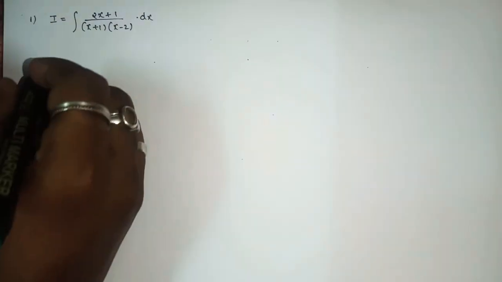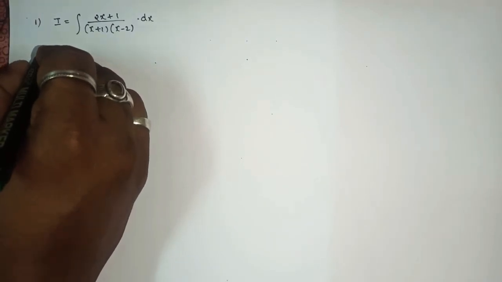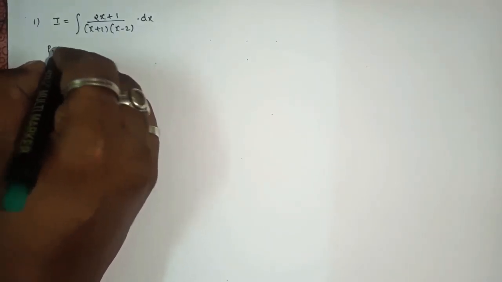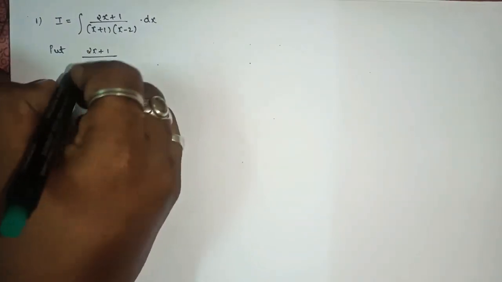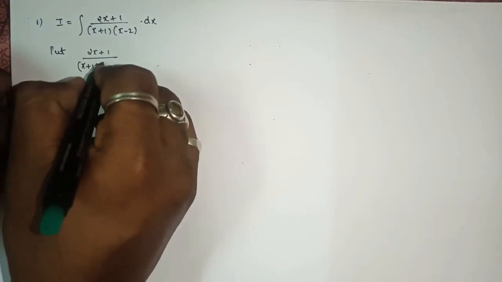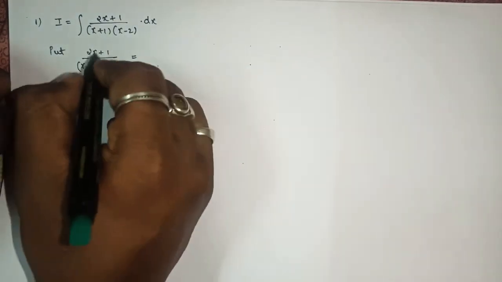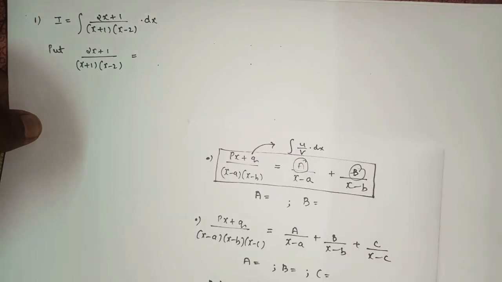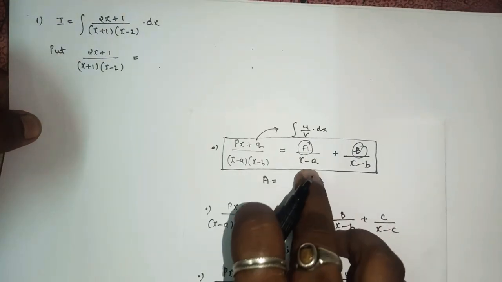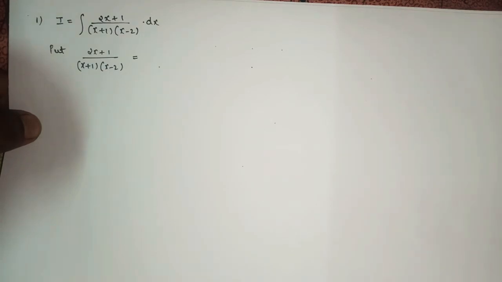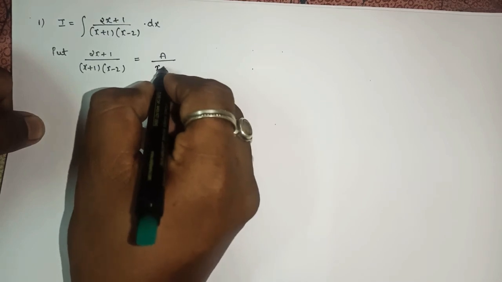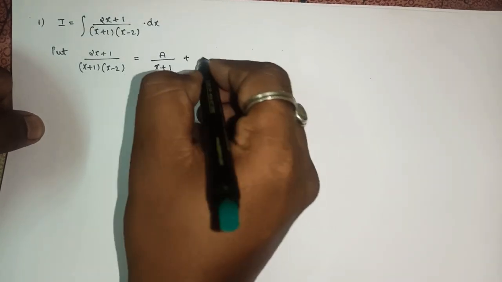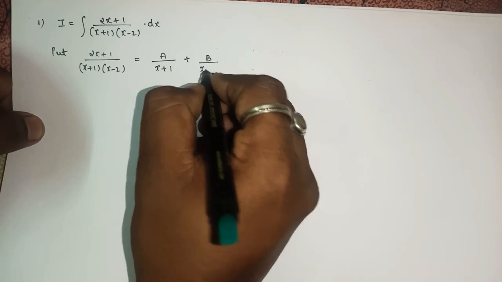So here the first step will be what? You will write (2x plus 1) upon (x plus 1)(x minus 2), and express this in the form A upon x plus 1 plus B upon x minus 2.